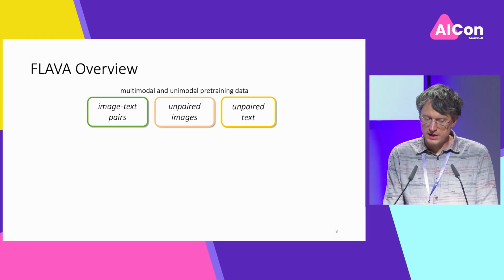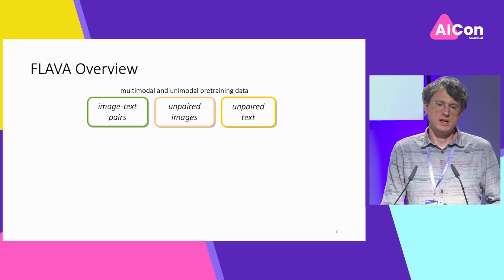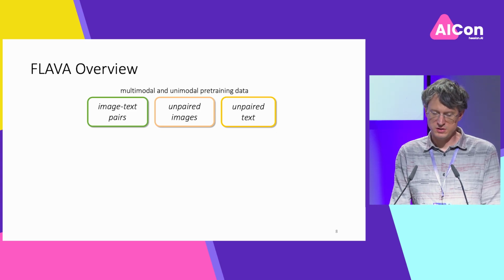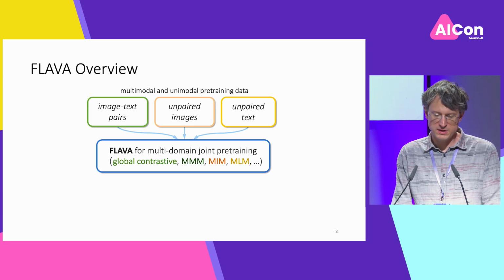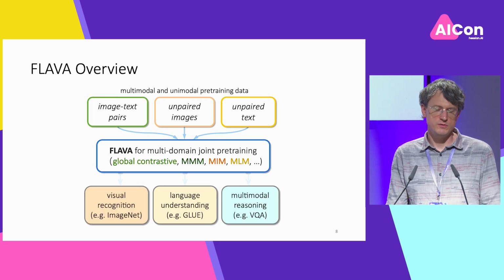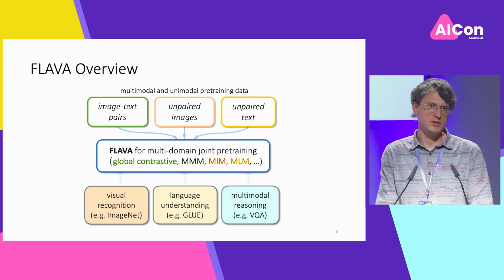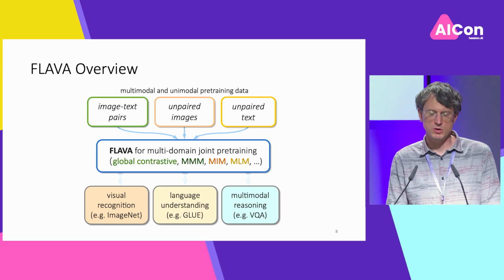So how do we learn such a model? On the one hand, we take image and text pairs. We take just images and also just text to learn this model, and then have multimodal objectives to train the system to be able to do visual recognition, language understanding, and multimodal reasoning, such as visual question answering. So some examples which I showed earlier would be multimodal tasks.